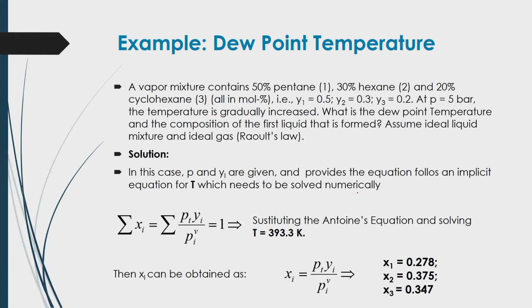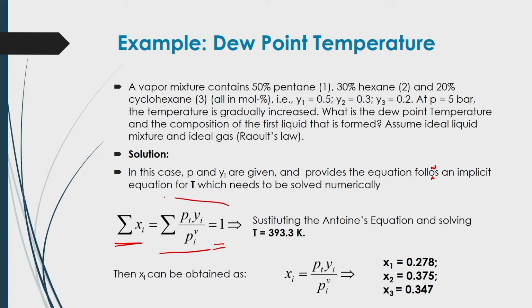So, in this case also the pressure and composition of each component i are given, and it also provides the equation, which is an implicit equation for temperature that needs to be solved numerically. In this case the summation of xi, that means the summation of Pt into yi by Pi^v, should be equal to 1.